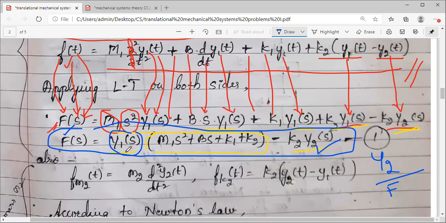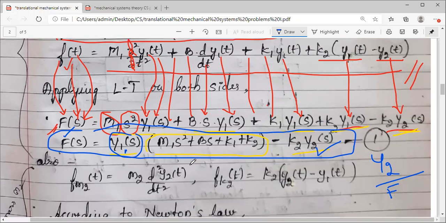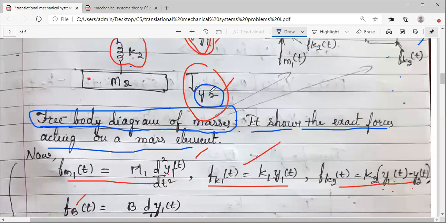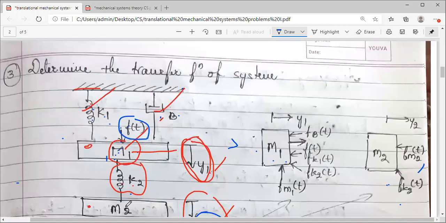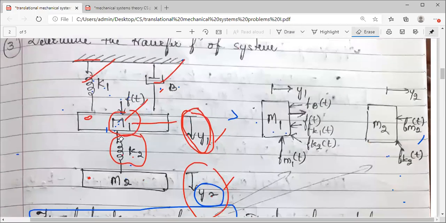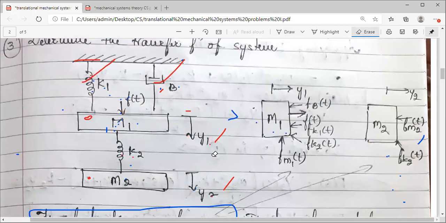Somehow we should adjust it so that we get the transfer function from here. Just to get the equation for this y1, I will again go for the free body diagram of m2. Coming back to the same, as we analyzed for m1, let us analyze it. Let us draw the free body diagram for the second mass. If you see, there is m2, I have drawn a mass.